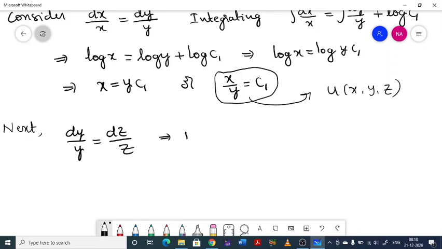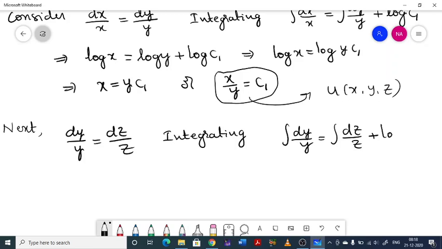Integrating, I'll get integral dy by y equal to integral dz by z plus the constant, again I have to take in terms of log.